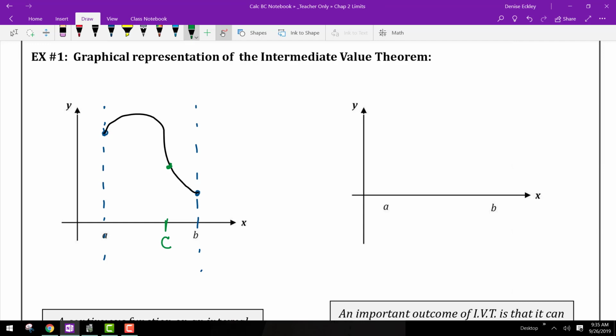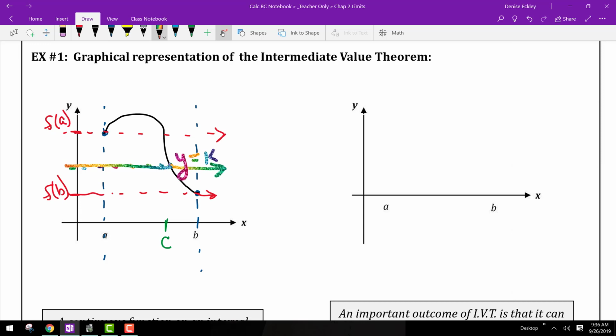So let's label everything. At this point, we have f of a. And at this point, we have f of b. In the middle here, somewhere in between f of a and f of b, this is our line, y equals k.